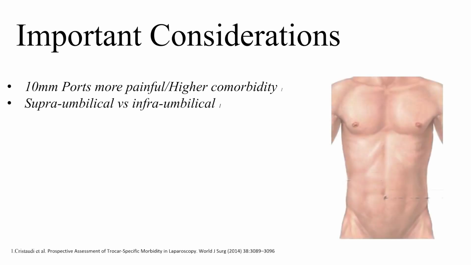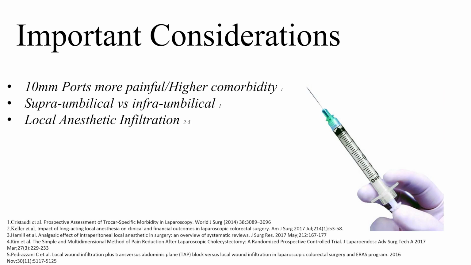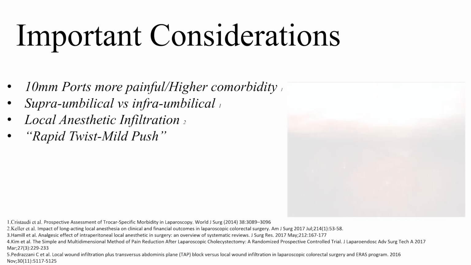Also, ports placed on the upper abdomen, no matter what the size, are significantly more painful than those placed in the lower quadrants. We highly recommend the use of local anesthetic infiltration prior to port insertion, since it has been shown to cause less pain in the immediate postoperative care.